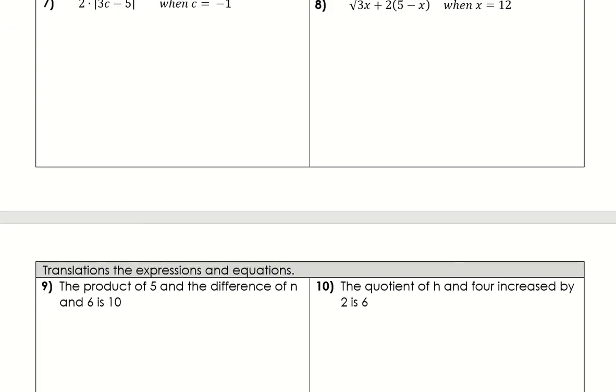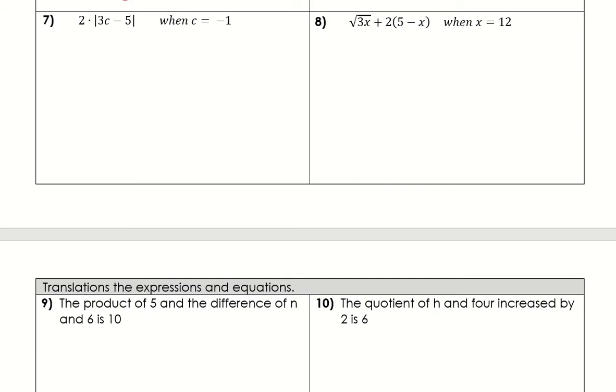Okay, number 7. The answer for number 7 is 16. Plugging -1 in for C, so I have 2 times absolute value of 3 times -1 minus 5. Treating the absolute value like a group here.